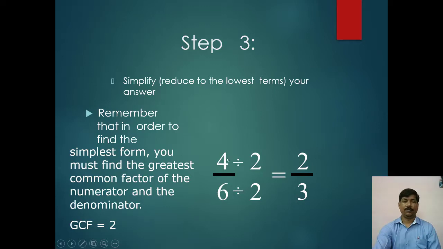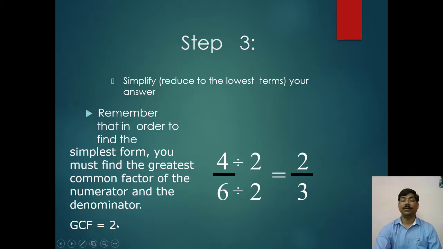As 4 upon 6 is not in the lowest form, you have to find the highest common factor, or you can say GCF, greatest common factor, of the numerator and denominator. You can find the GCF by the division method or factorization method of 4 and 6.